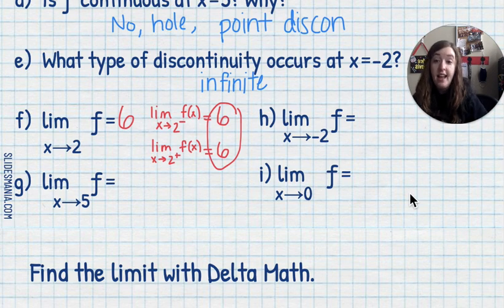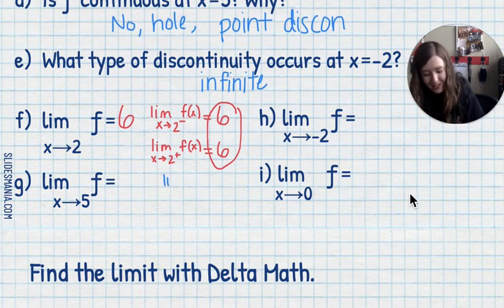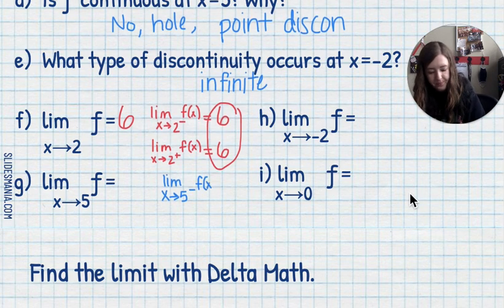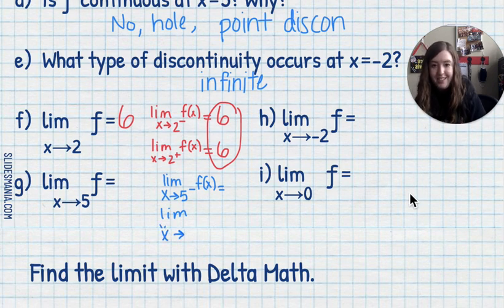Now let's look at f of 5. So as x approaches 5, the limit as x approaches 5 from the left, and the limit as x approaches 5 from the right. So I'll have a little plus sign there.